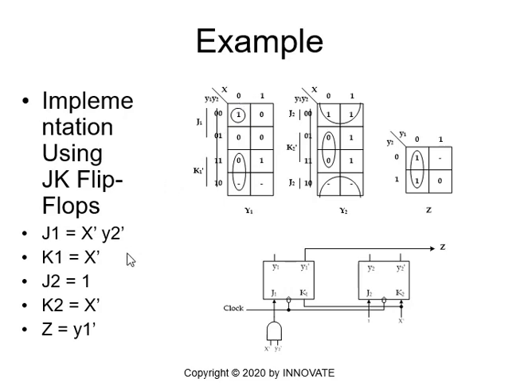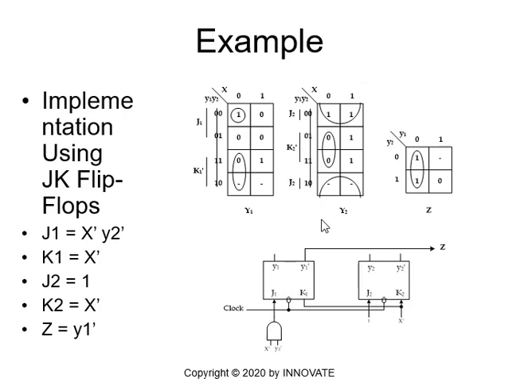The same thing, I will divide the map to y2 prime, or y2 equals 0, which is the upper two cells and the lower two cells. And since I have 1, 1, don't care, I can group them all as one group to find J2, and J2 will be equal to 1 because everything canceled out horizontally and vertically.